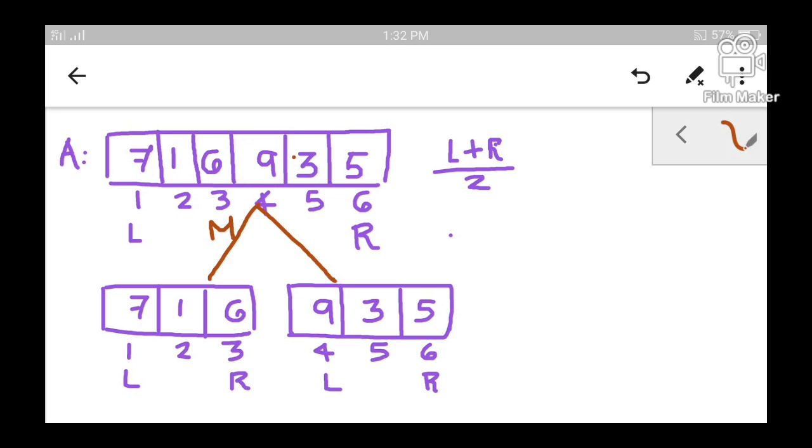So we got two new arrays with three elements each. Clear? Now instead of one big array, we are having two smaller arrays.